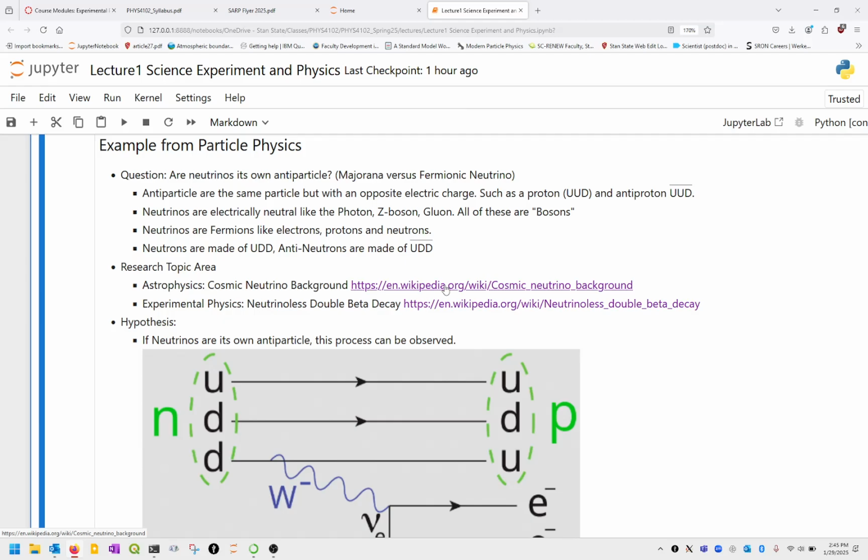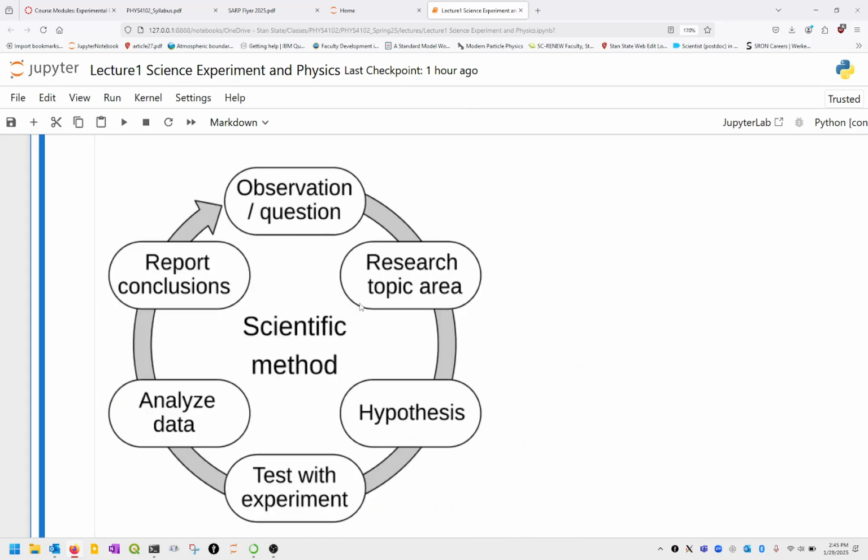And there's a Wikipedia article about this. Okay. Or you can do experimental physics, where you do this experiment called neutrinoless double beta decay, and there's a little Wikipedia article about that. And then you make a measurement in order to answer this question. So this is the research topic area in this little box here, right?